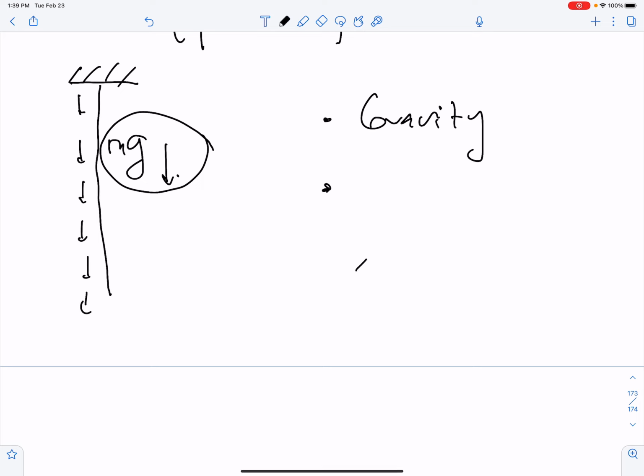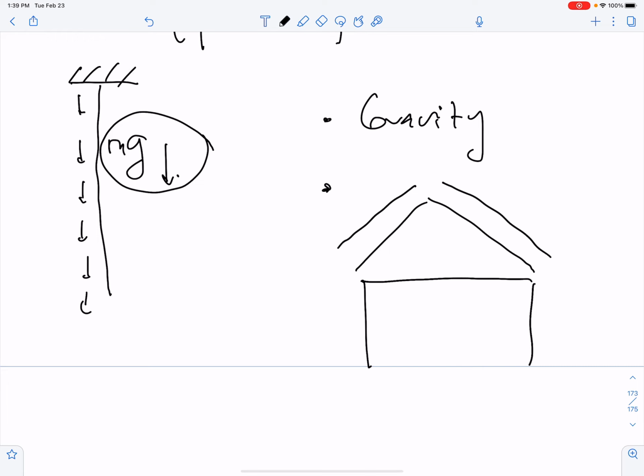Again, if you're looking at maybe a model of a house, and then you have a bunch of snow, right, sitting on the roof, you can see that gravity will act downward, right, due to snow, and some of that will have a component that's tangential and then a component that's vertical, okay?